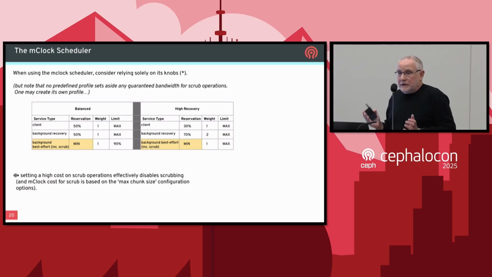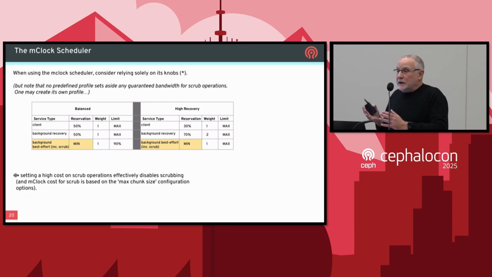It's fantastic in enabling you to do very precise control over the scrub effect. But notice that neither of the two default or prepared schedules leave any time set aside for scrub.